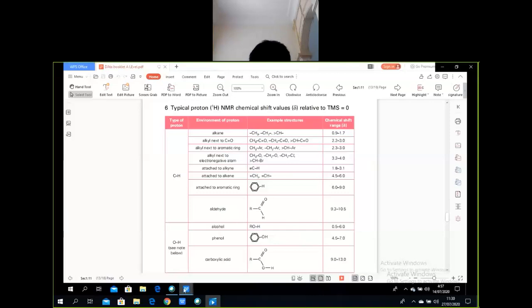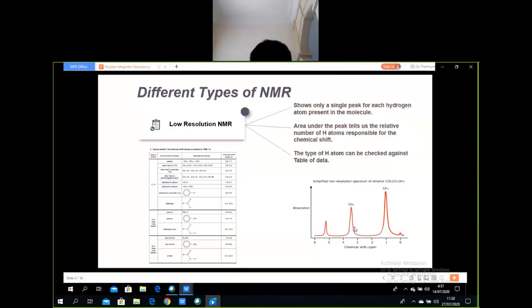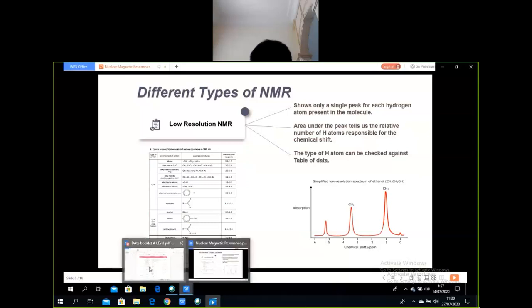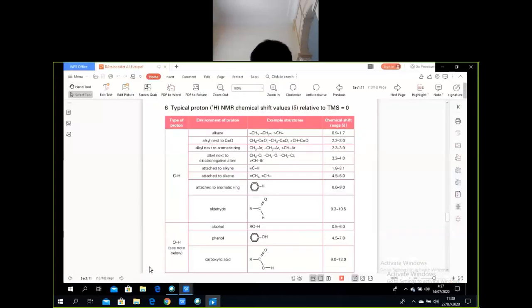And then here there is the chemical shift around 5.1 until 5.3. Let's see. Based on this, it cannot be an alkene.